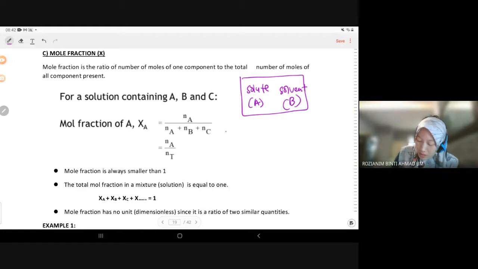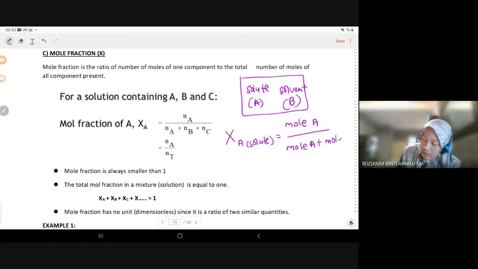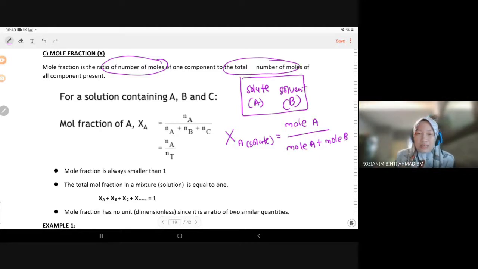So kalau soalan tu kata kira mole fraction for the A, maksudnya A kita adalah solute lah. Cara dia adalah, you kena cari dulu mole untuk A, bahagi dengan mole A plus mole B. So inilah mole fraction, sebab dia kata ratio mole yang kita nak cari bahagi dengan total mole yang ada dalam kontainer kita.